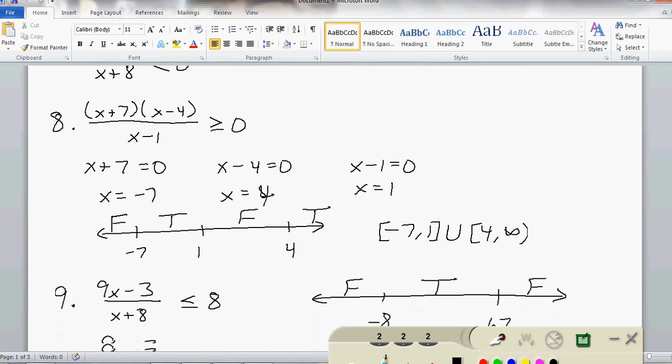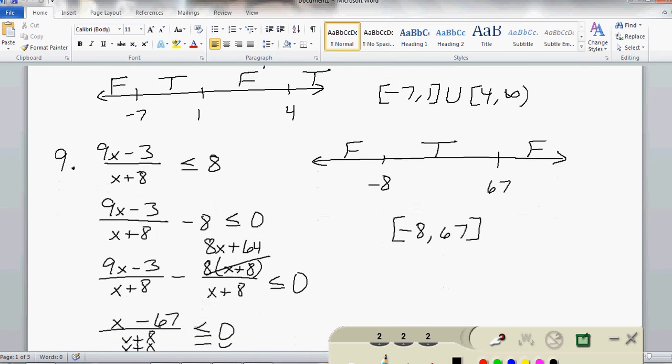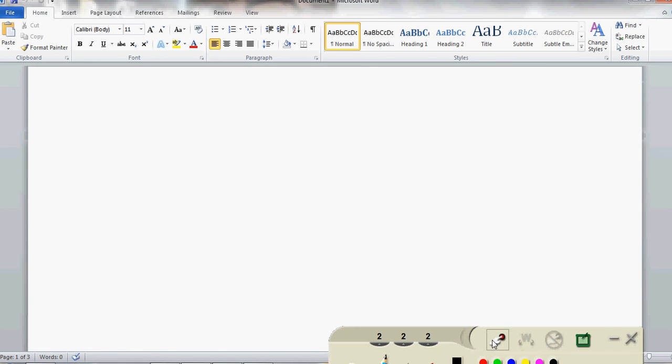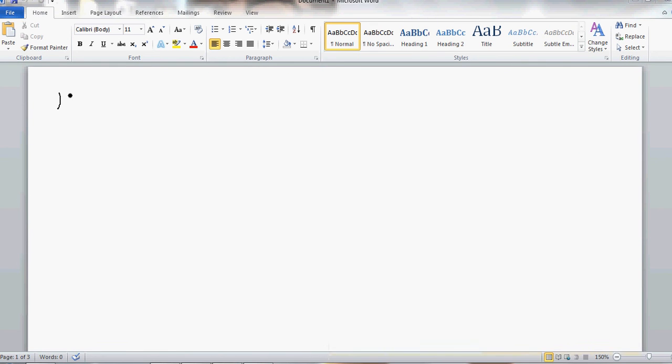Final example is number 10, and we have a word problem to finish this particular section. We're told the temperature is given with this equation: 4t over t squared plus 1 plus 98.6.